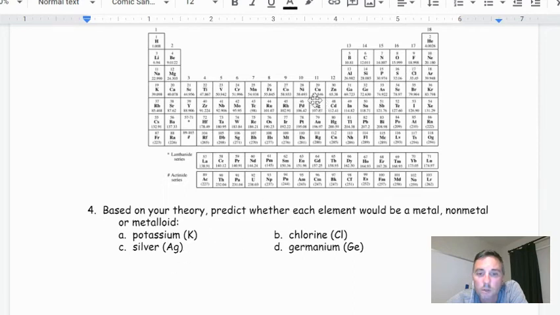Silver's in the middle here, but you know what silver is. Silver's definitely a metal. And then germanium is sitting right there next to silicon. I would always have this staircase drawn in for you guys so you could see it better, but germanium is one of our metalloids. So that takes us through the first trend on our periodic table, metals, nonmetals, and metalloids.